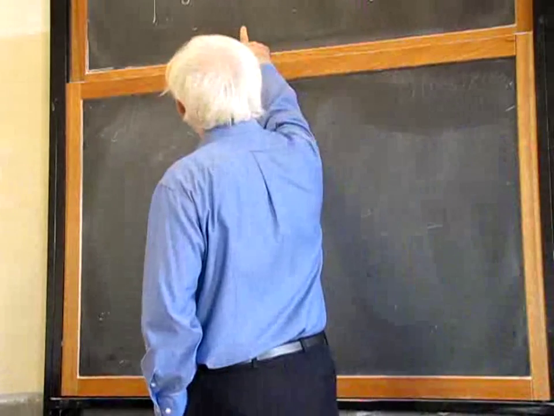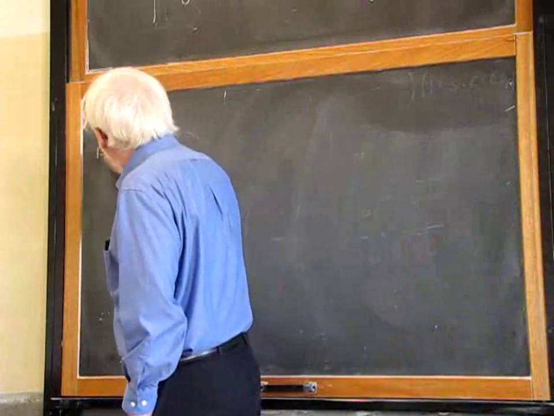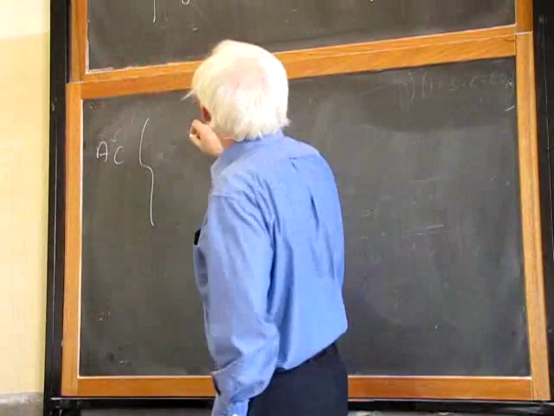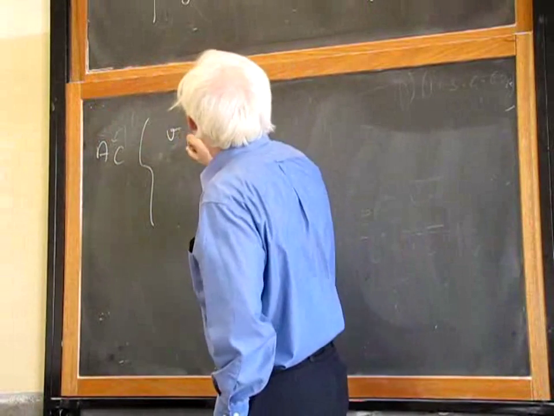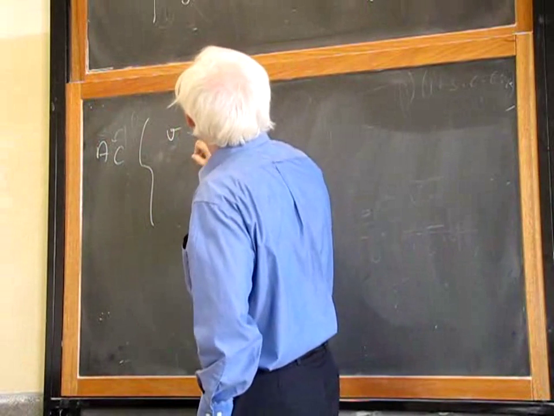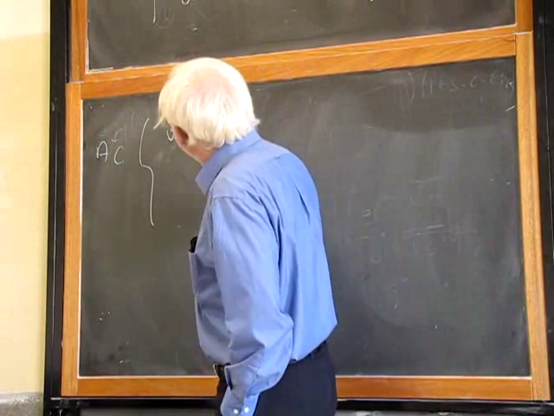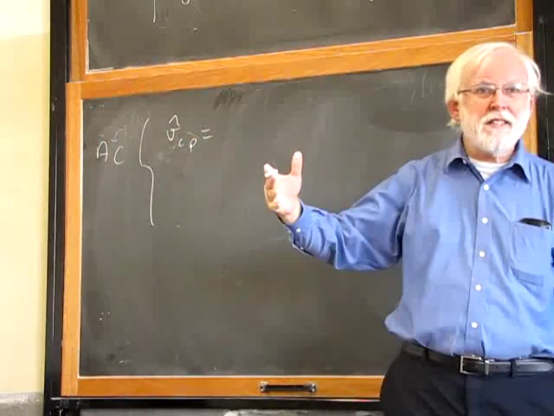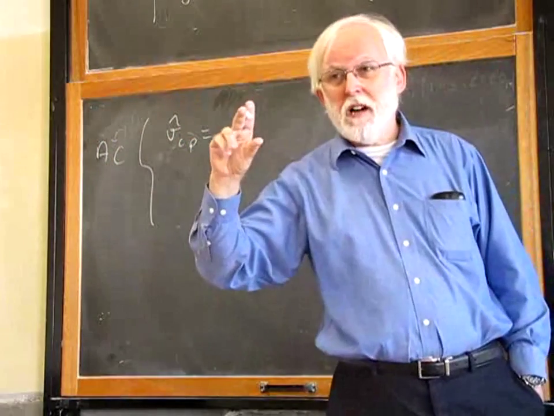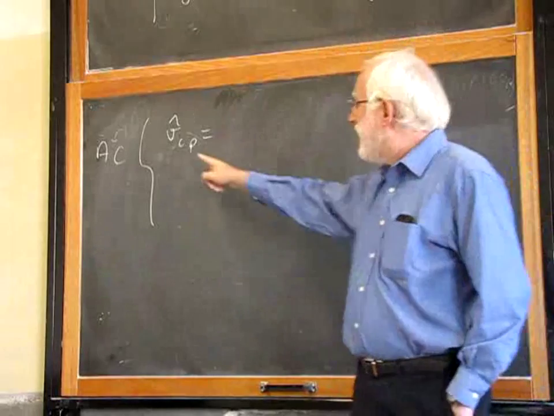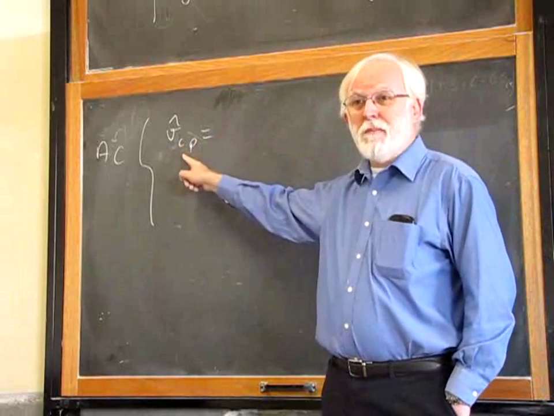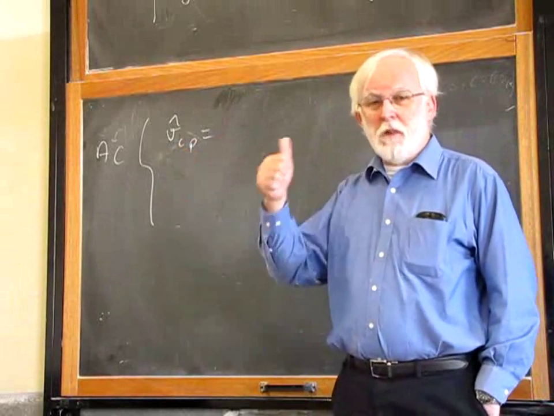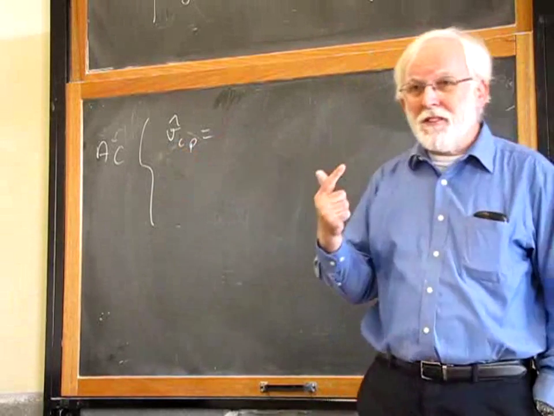Now let's go for the AC expression. AC expression equals something like this. We consider this VCP hat. What is VCP? Well, it's a voltage on the common passive terminal. But what does this value represent? A small change, small variation of what?